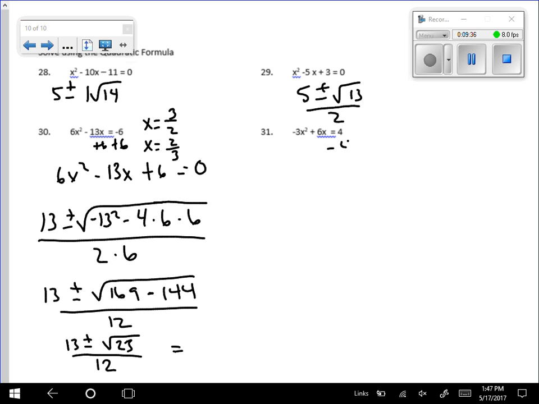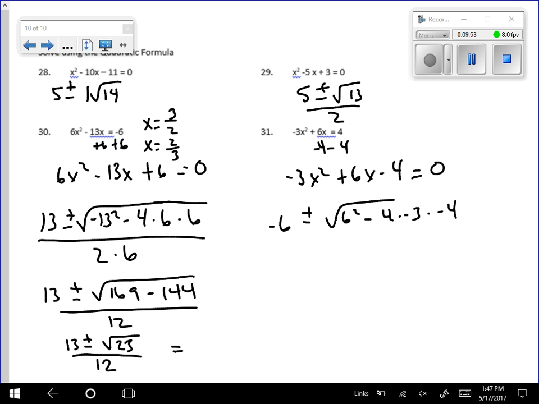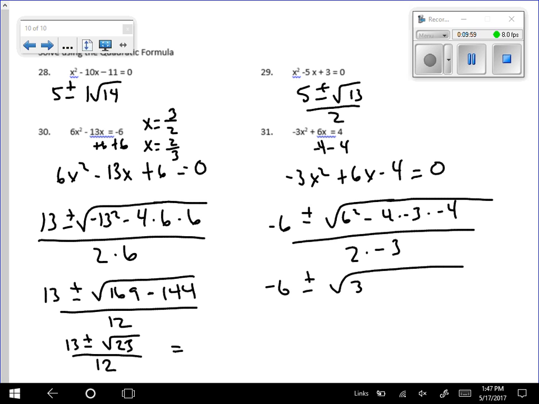Got to get 4 over, so we got negative 3x squared plus 6x minus 4 equals 0. Negative 6 plus or minus 6 squared minus 4 times negative 3 times negative 4, over 2 times negative 3. So we got 36.